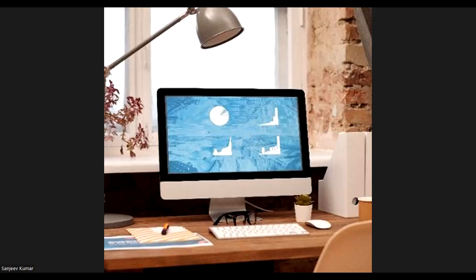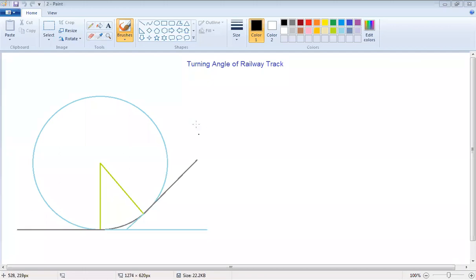We have the application of this in turning angle of a railway track. Suppose there is a railway track. This is the railway track. I have shown it with the black color.